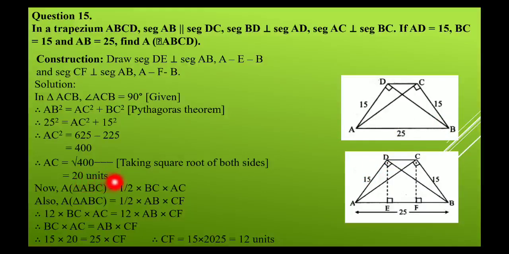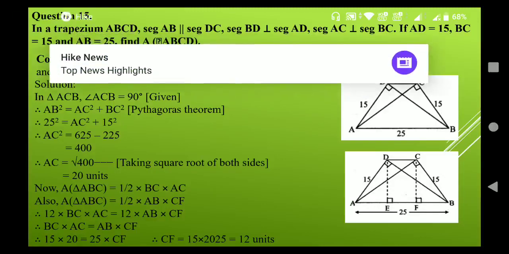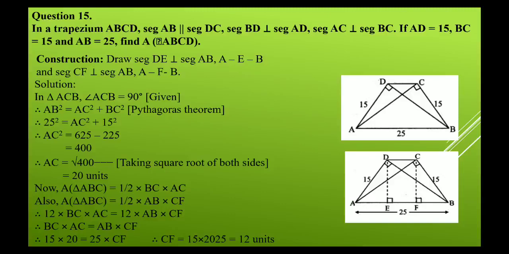Also, in this triangle we have one more base and height. The other base is BC and the other height is CF.